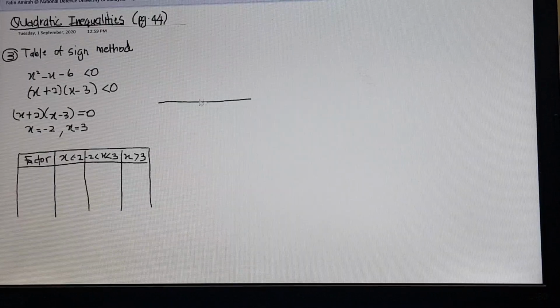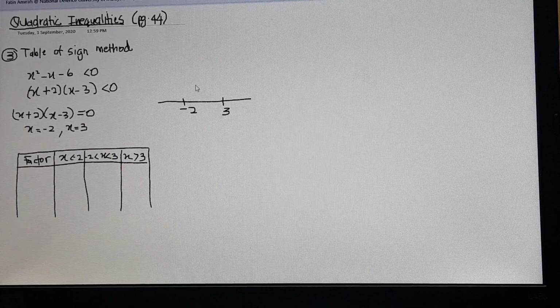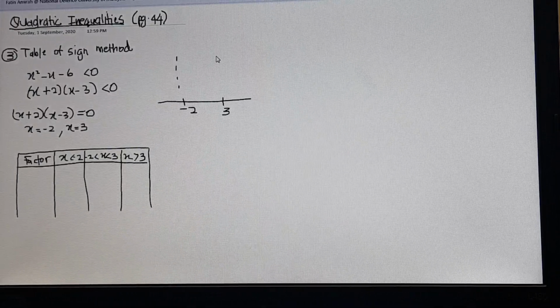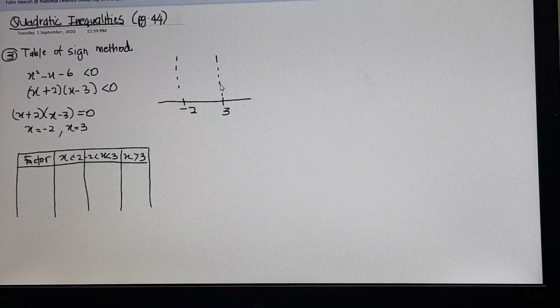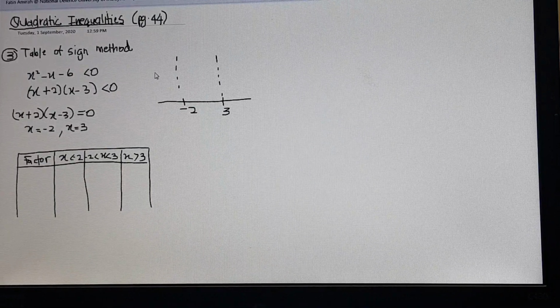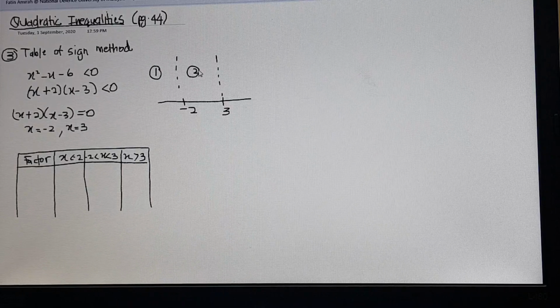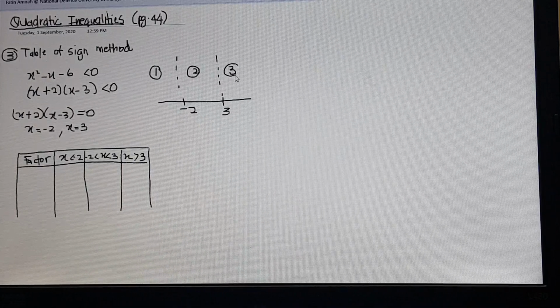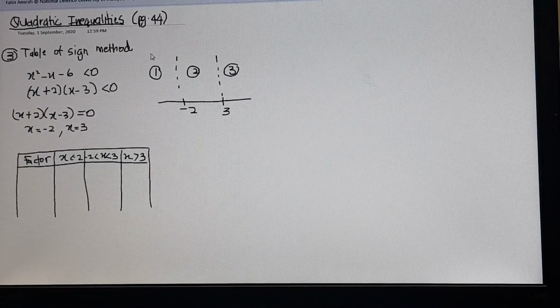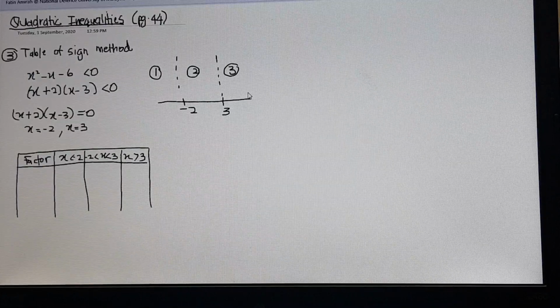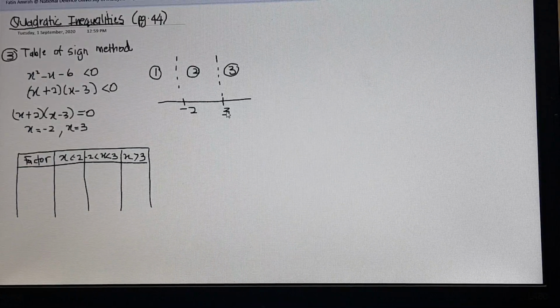For example, you have the points negative 2 and 3, right? So you divide into how many areas? The first area, the second area, and the third area. The first area means x less than negative 2. Second area, x between negative 2 and 3. And the third area means x greater than 3.